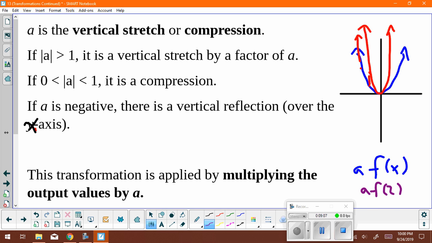Maybe at 2, if it's that parabola, it turns into 4. And then I'm going to multiply by a after. So it's the output of the function that gets multiplied by a. And on a graph or in a table, what's our output? The output value is the y values, they're the range. So that's why we were multiplying those values by a.